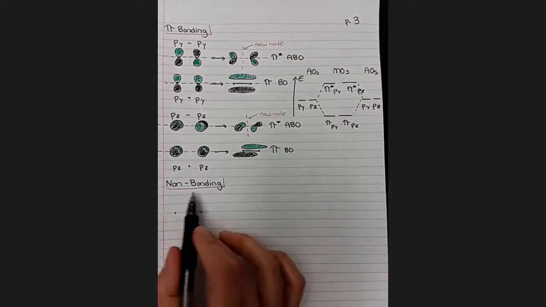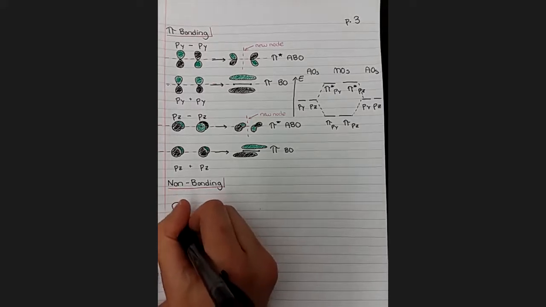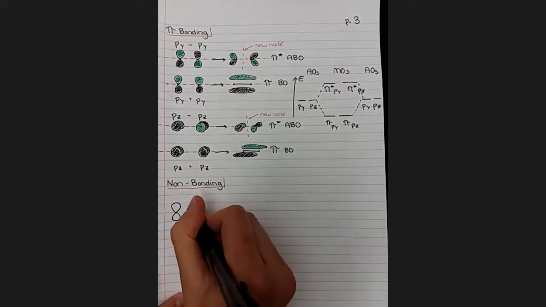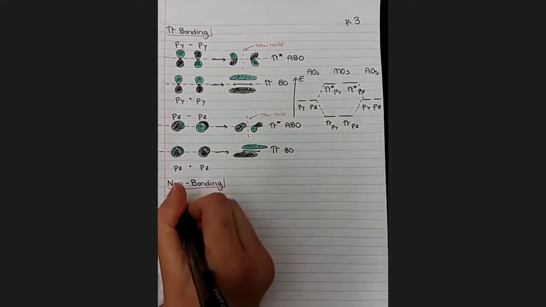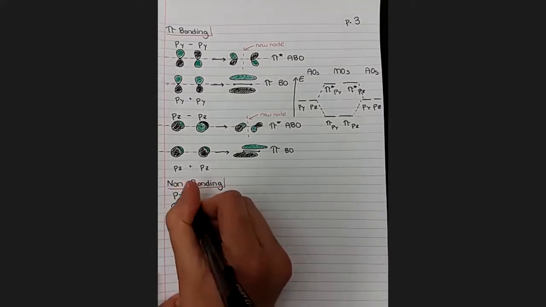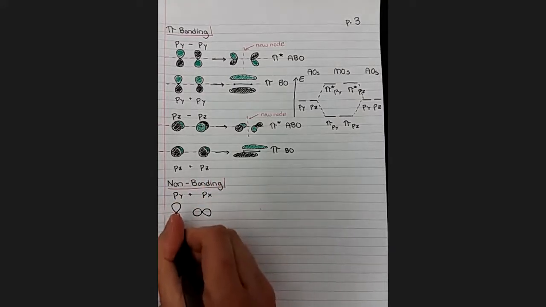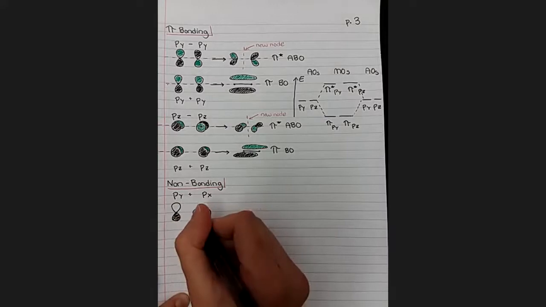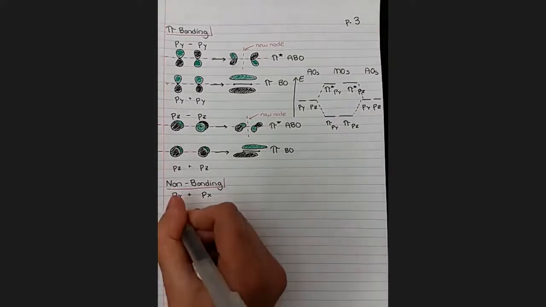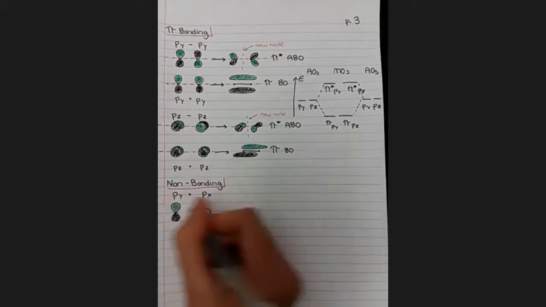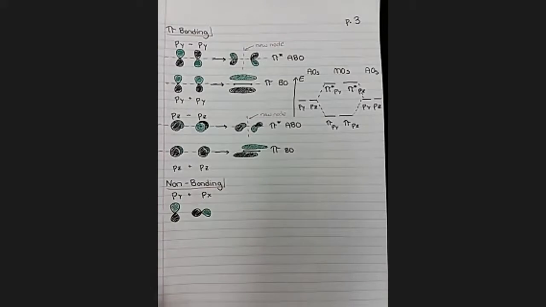So one of the examples we drew in a previous lecture of a non-bonding interaction was when we mix two p orbitals together that don't lie along the same axis. So for example, if we had the py orbital and the px orbital, they are lovely orbitals. They have the same energy. So energy-wise, they would be a great fit to form a bonding and anti-bonding orbital, but none of these lobes point at any others.